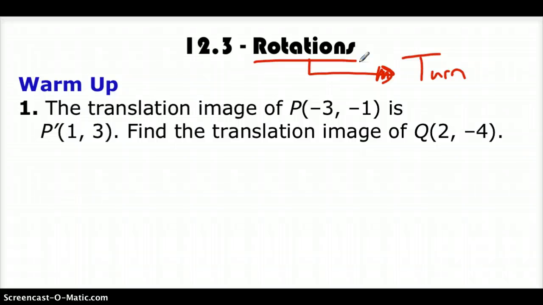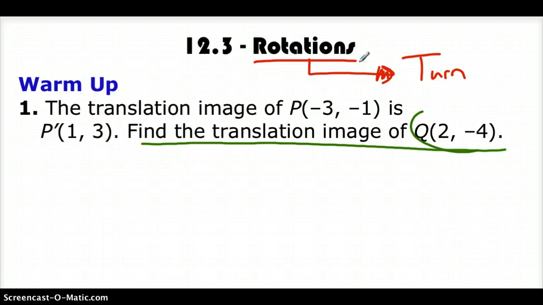And this one says the translation image of P, which is -3, -1, is P prime, which is 1 and +3. So it says find the translation of image Q. Okay, and so we're really looking for what's going on with the pre-image to the image.